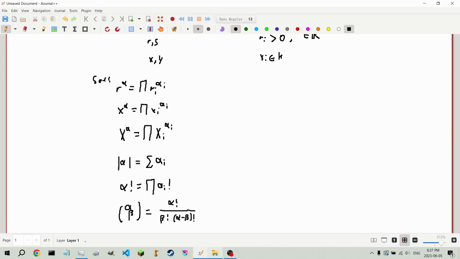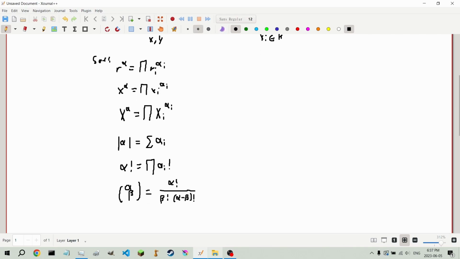Now, we're going to define the absolute value of x, the size of x, to be less than or equal to r as the size of each x_i being at most the size of its corresponding r_i for all i in the range from 1 to n.